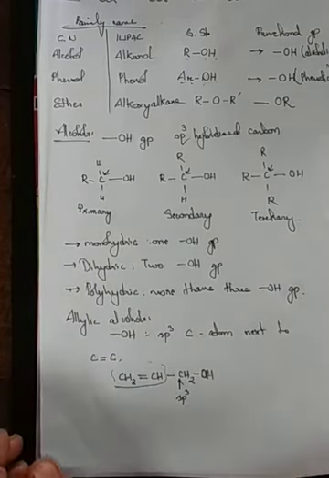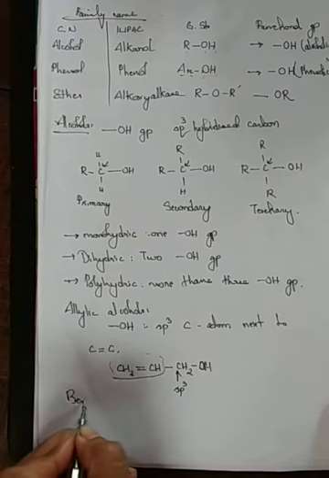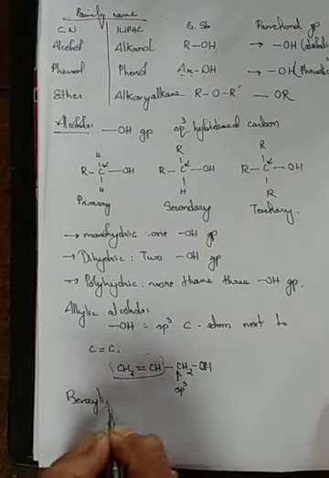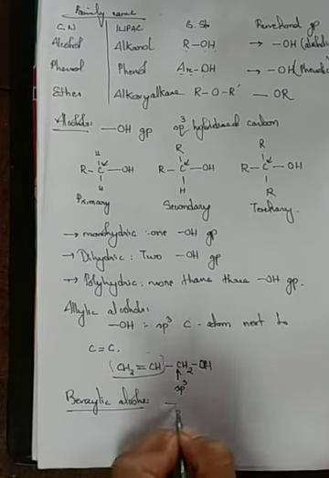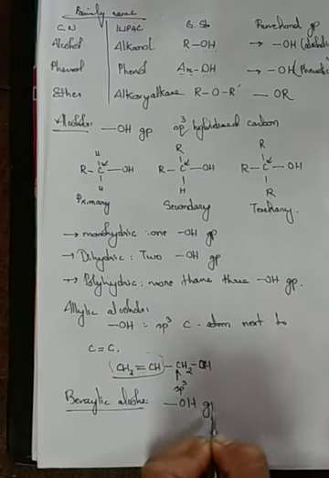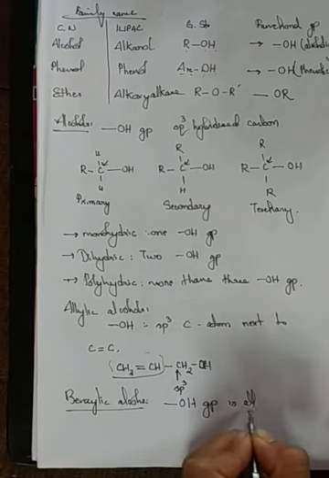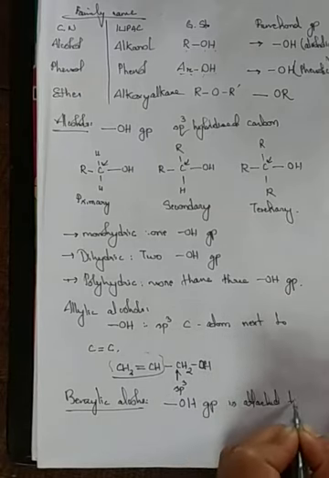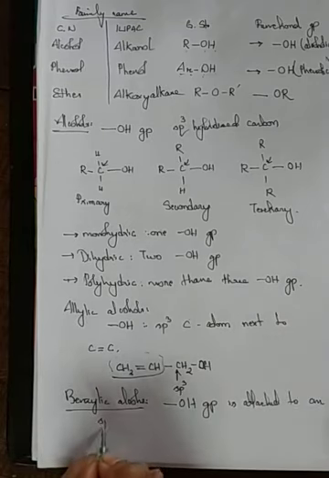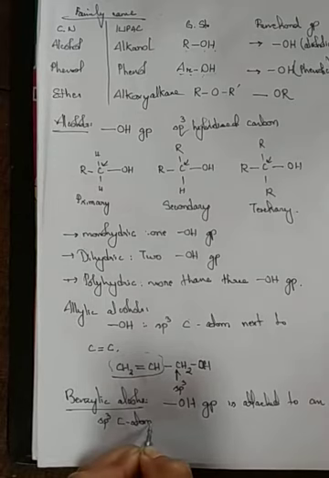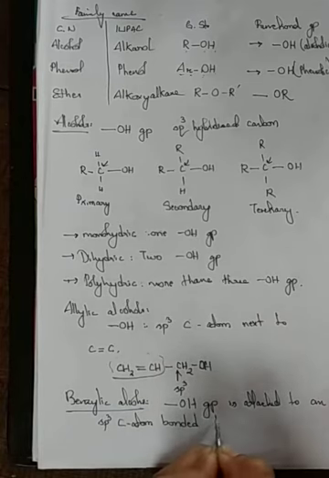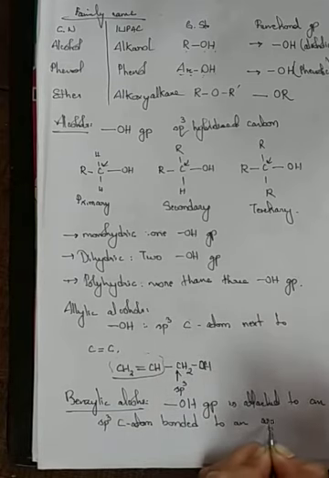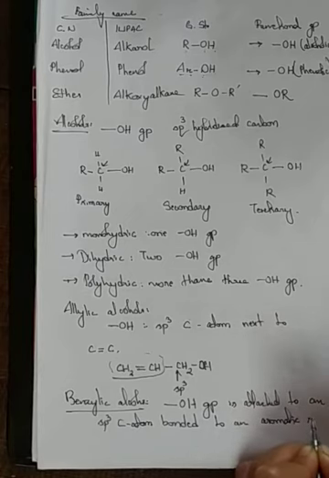Now the second example here is benzylic alcohols. In benzylic alcohols, the OH group is attached to an sp3 hybridized carbon atom, which is bonded to an aromatic ring.